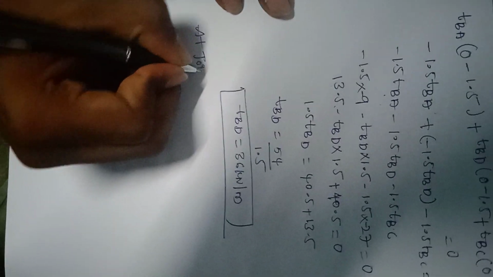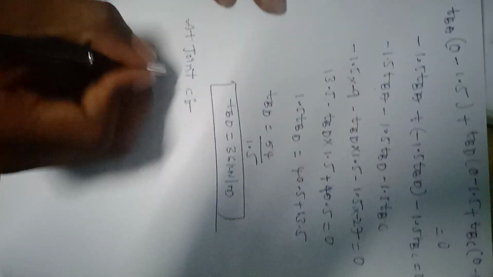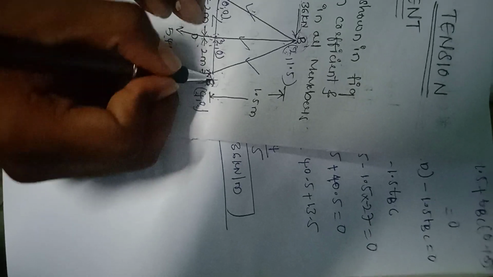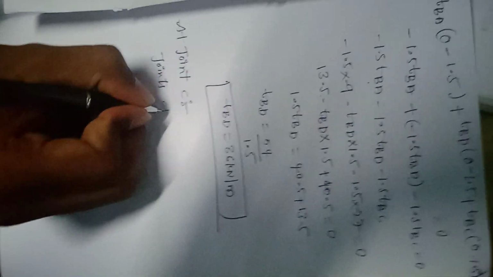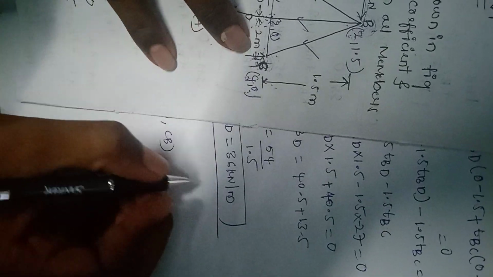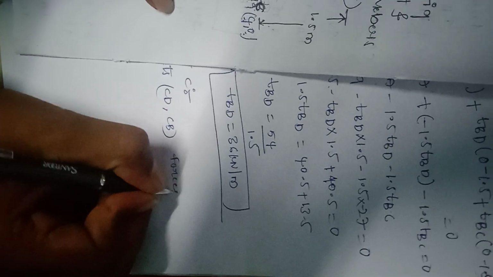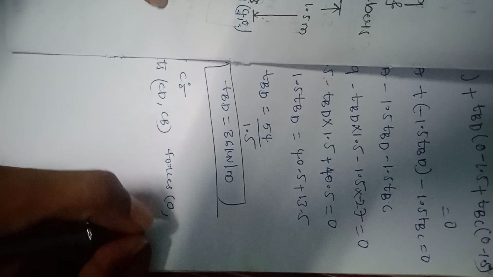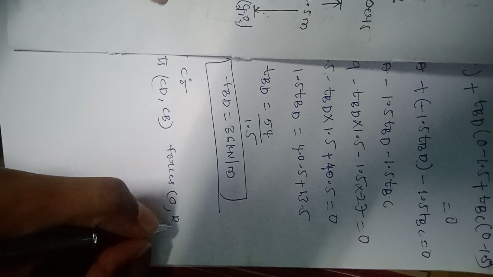At joint C, how many members are there? At joint C, here CD and CB. And only a vertical force is acting, right? Therefore the horizontal force is considered to be zero. Here nothing is acting horizontally, and the vertical force is that of RC.